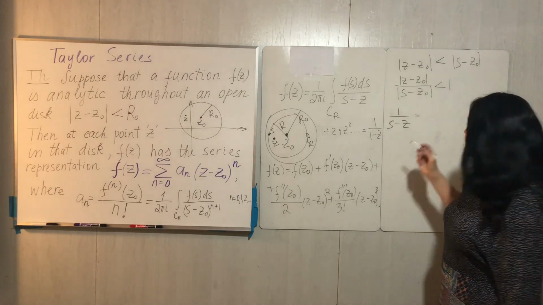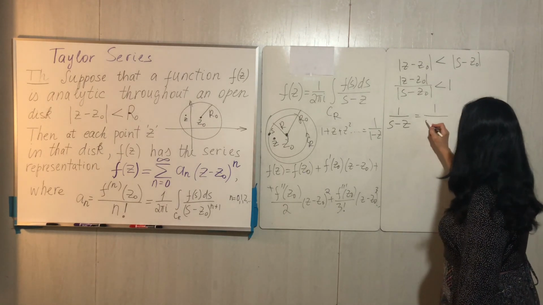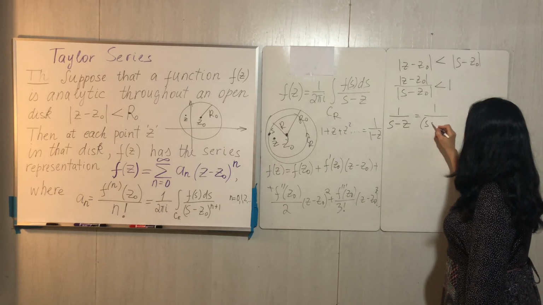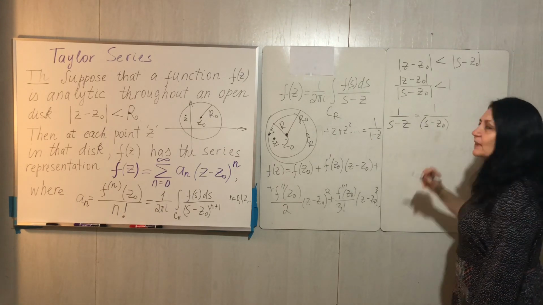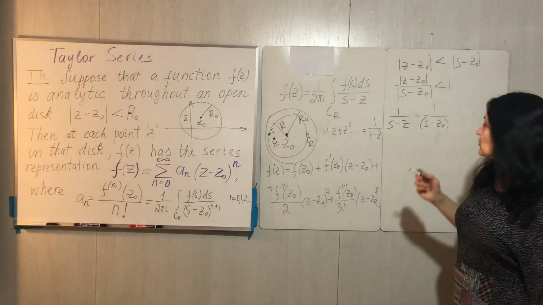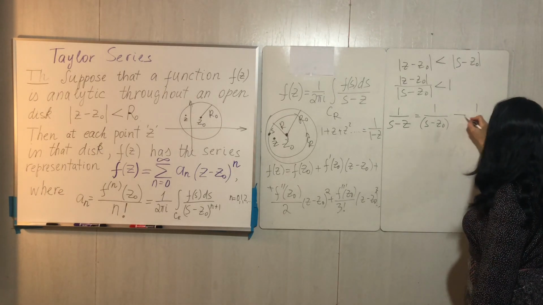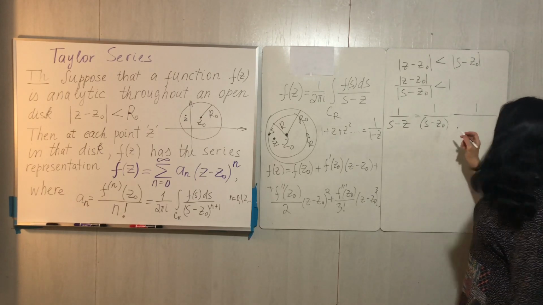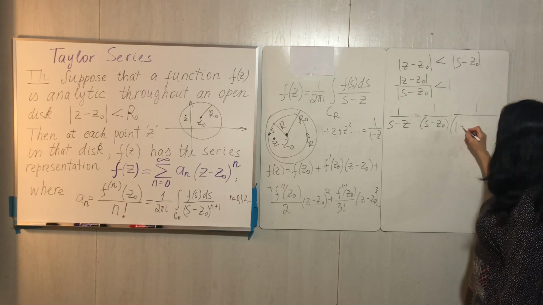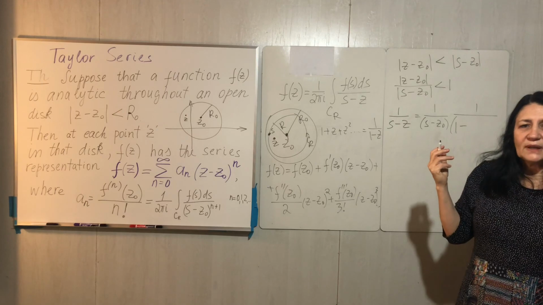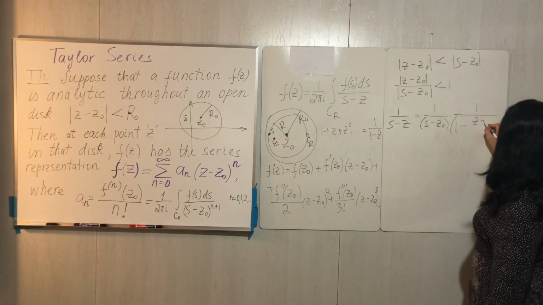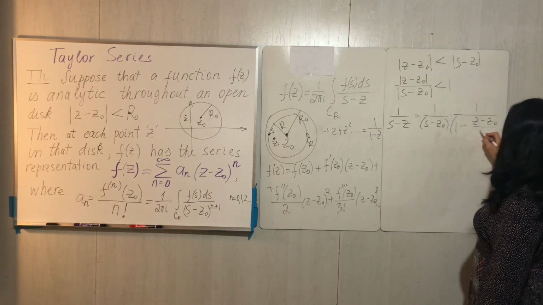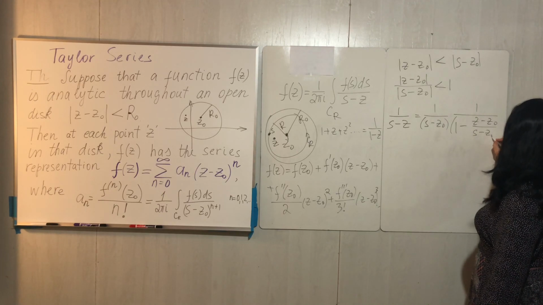I will factor out s minus z sub 0, and then write times 1 over 1 minus z minus z sub 0 over s minus z sub 0.